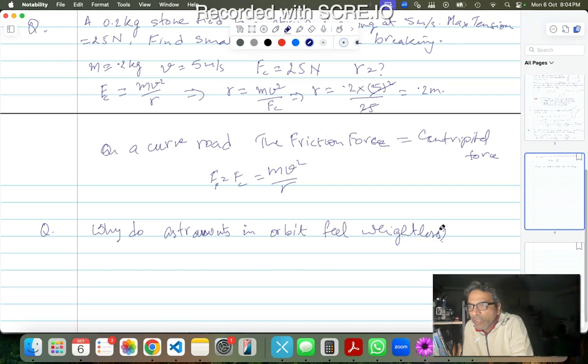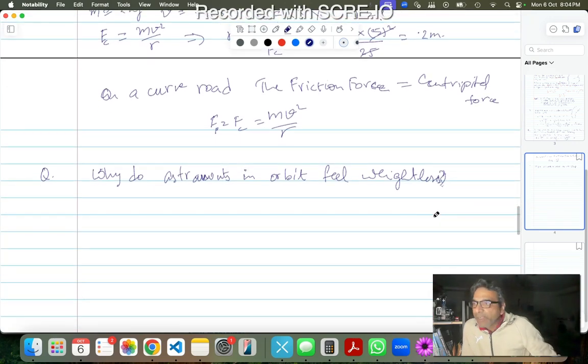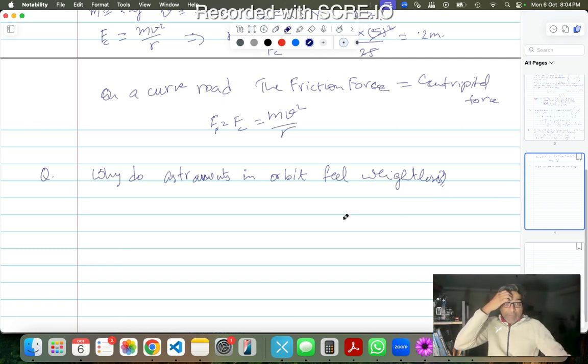Right. It has something to do with free fall. The centripetal force is provided by gravity. They and the spacecraft fall together, so there is no such pull giving it towards the thing.